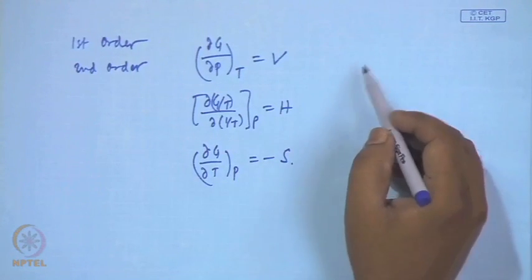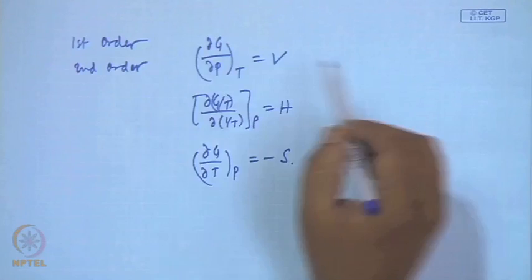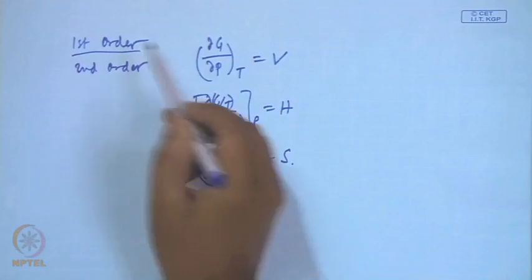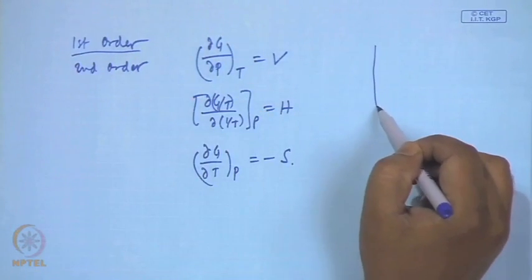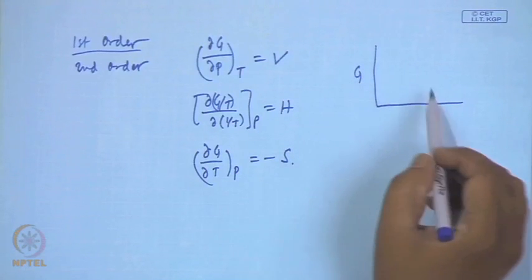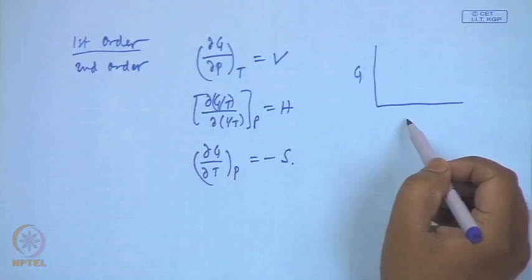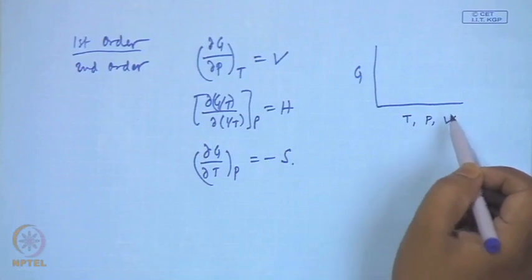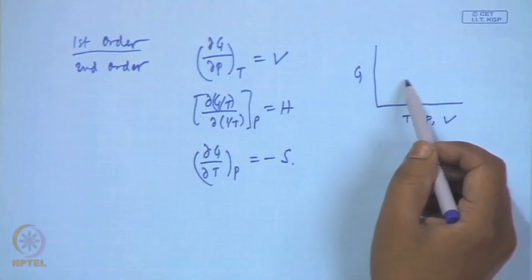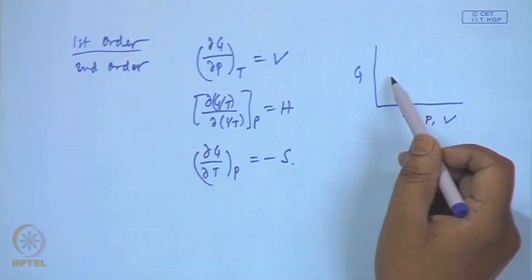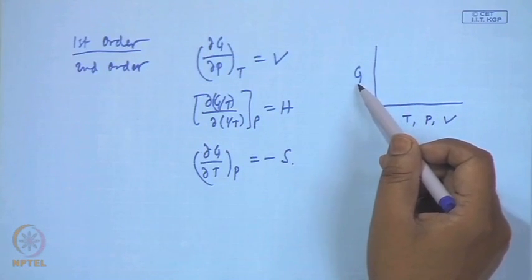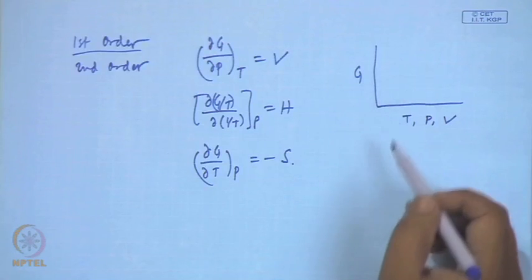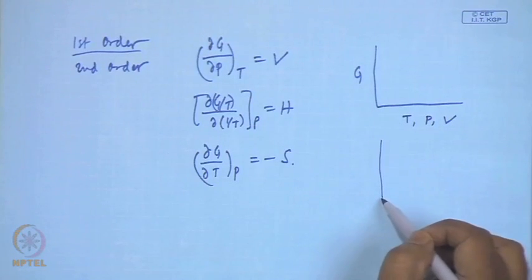Now, in first order transitions, what happens if you plot G versus any of the state parameters like temperature, pressure, volume? It changes continuously. There is a continuous change of free energy with the state parameters.